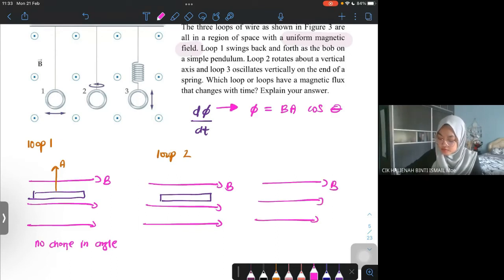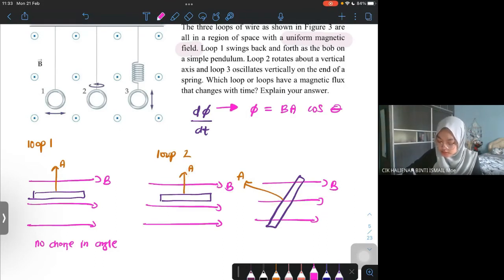Okay, contohlah. Initially, I put it like this. And then, we want it to rotate, right? So maybe dia akan rotate macam ni. So from here, there is a change in the angle between B and A. So dekat sini akan ada perubahan angle.